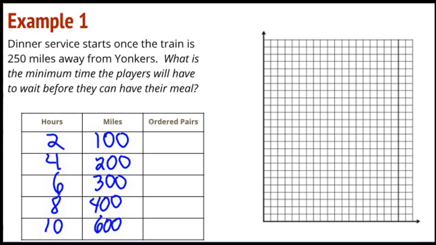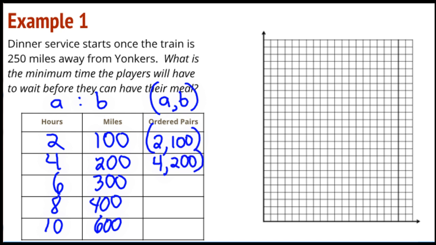So this is our ratio of A to B, and we are going to write this in ordered pairs of A, B. So 2 is the A, 100 is the B, and we've got 4 and 200, and 6 and 300, and 8 and 400, and 10 and 600, and you need to continue extending yours out there.